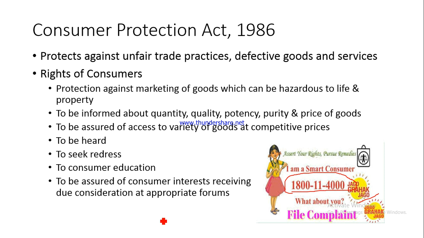So in all such platforms, wherever such developments are taking place, the consumer interest will have to be considered, and then only an agreement can be inked, or a regulation can be implemented, or a law can be formulated. So this is again another right which has been guaranteed to the consumers under the Consumer Protection Act 1986.